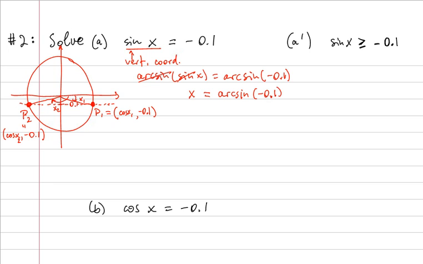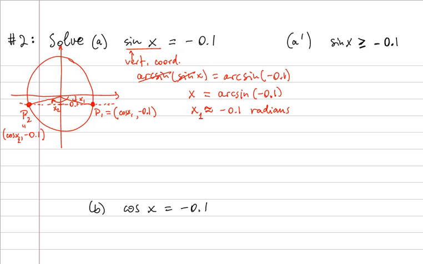Then I plug this into the calculator and I get that x is approximately negative 0.1 radians. Then I have to see which of these two angles I'm getting via the calculator.